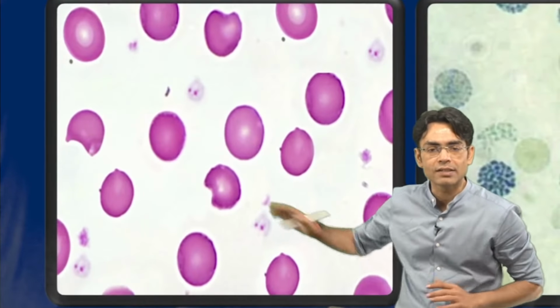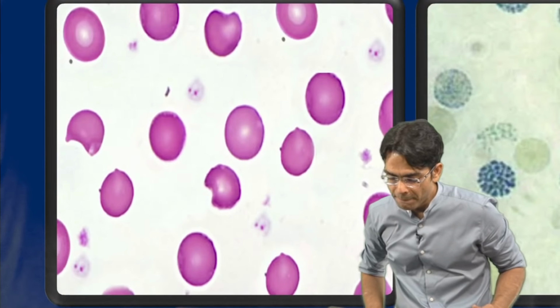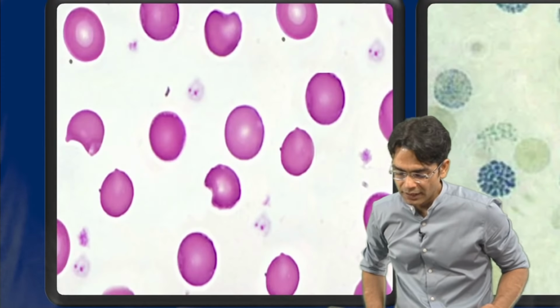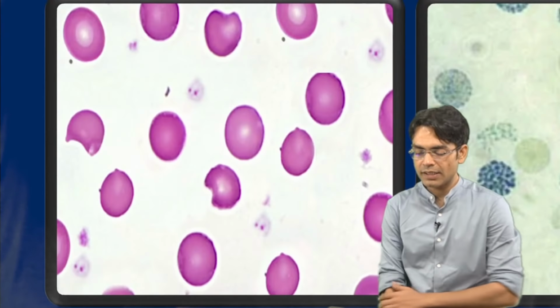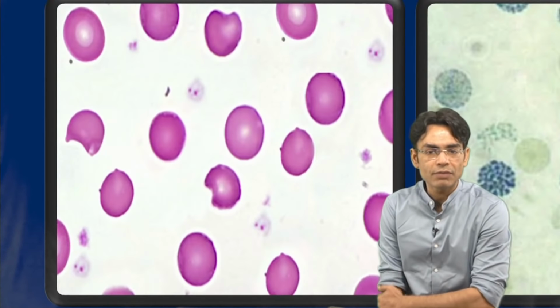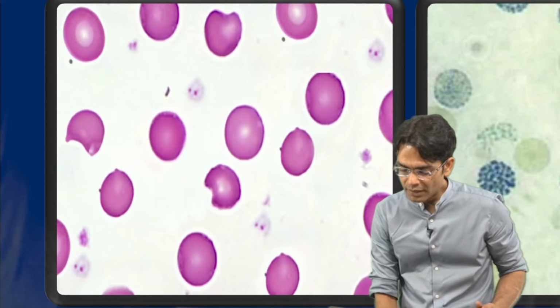What are these cells? What are these particular cells? Yes, in PNH we have CD55 and CD59 deficiency, the DAF and MIRL deficiency. You are right.